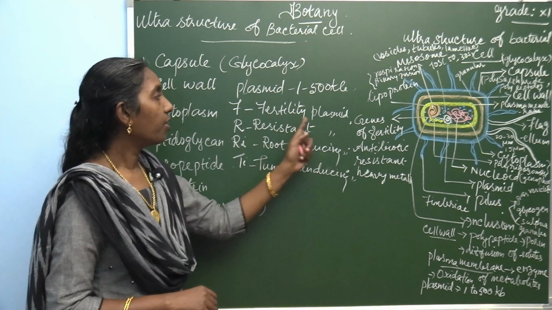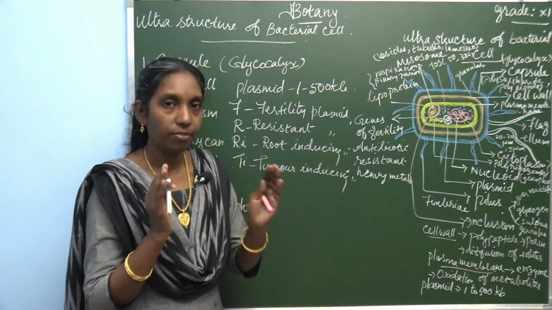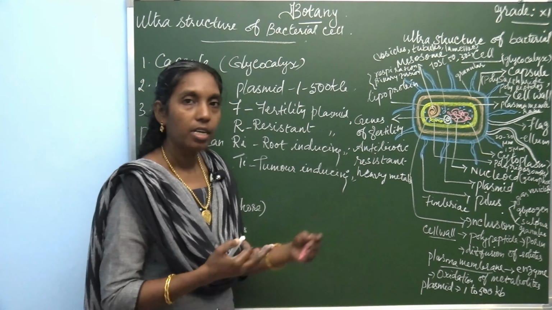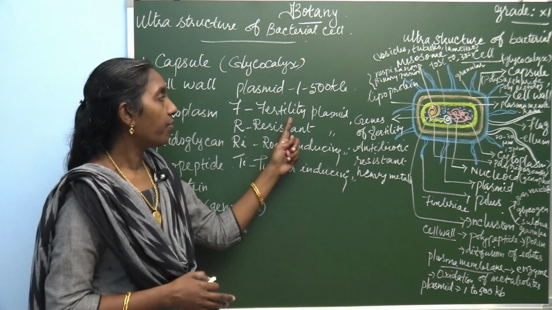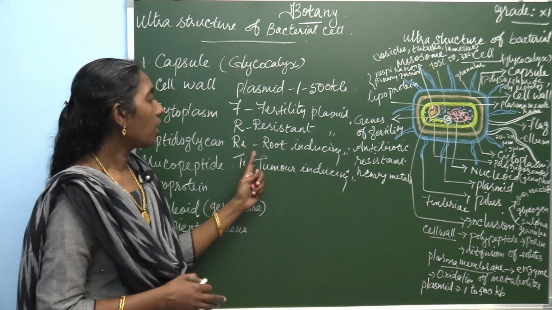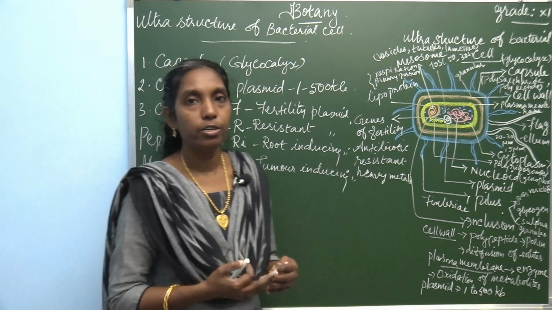What is F? Fertility, because the plasmid possesses genes of fertility, antibiotic resistance and heavy metals. R is the resistance plasmid, Ri is the root inducing plasmid and Ti is the tumor inducing plasmid.